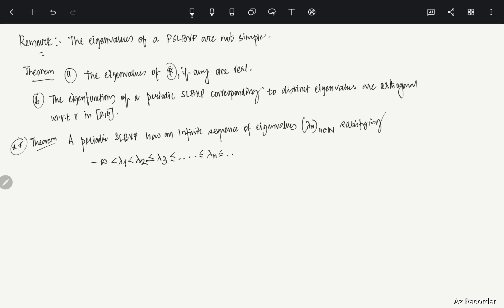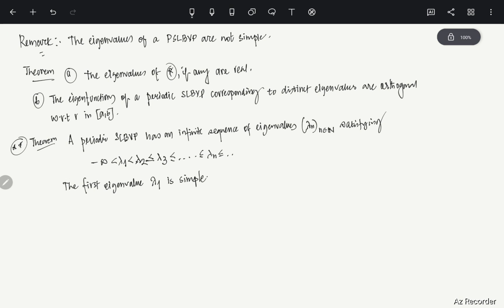And now the thing is, the first eigenvalue lambda 1 is simple. This is always true. The first eigenvalue lambda 1 is going to be simple.